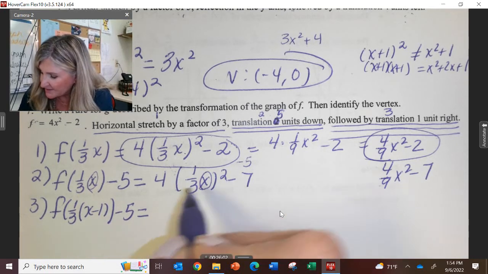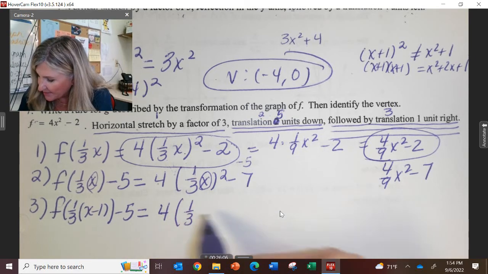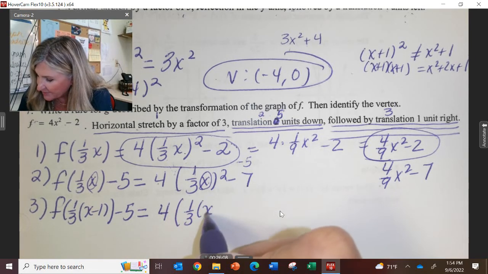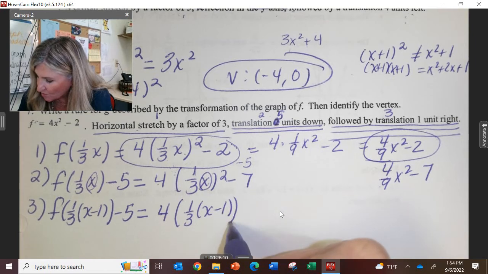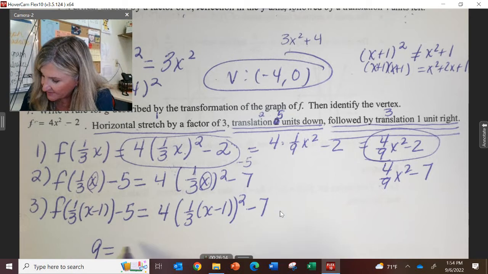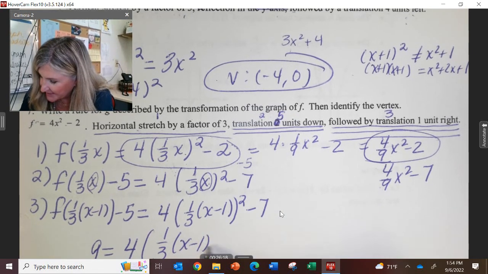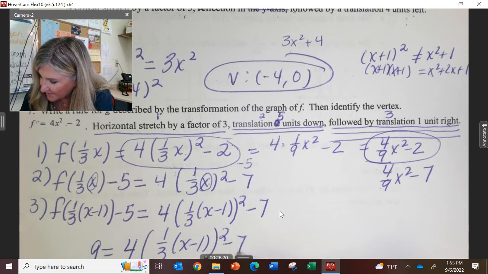Circle the x. That stays the same. That stays the same. This x has to get replaced with x minus 1, then squared, then minus 7. That's like the most difficult problem you would see of that type.